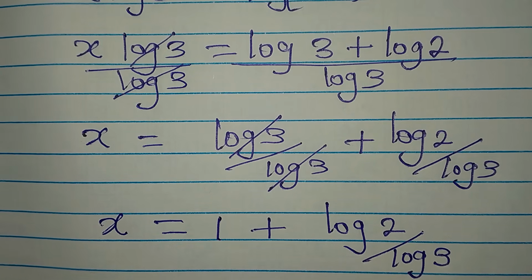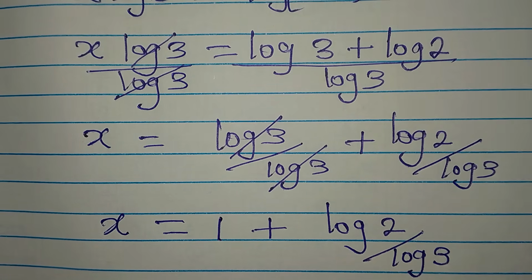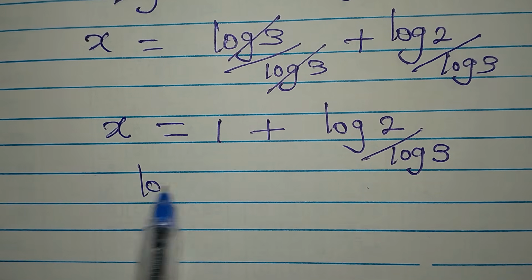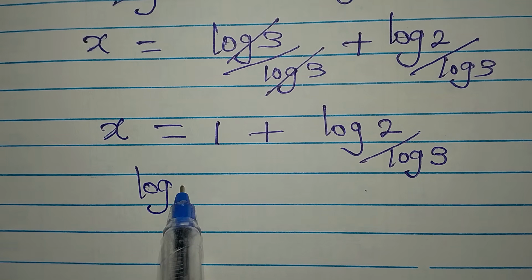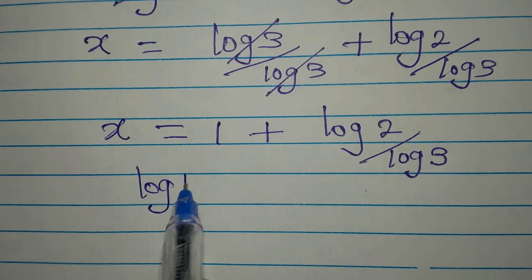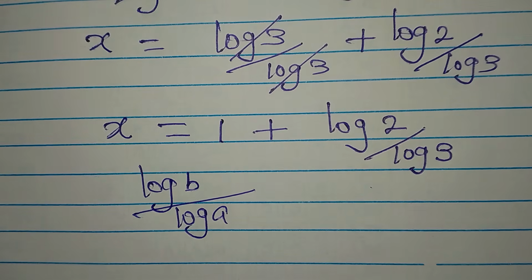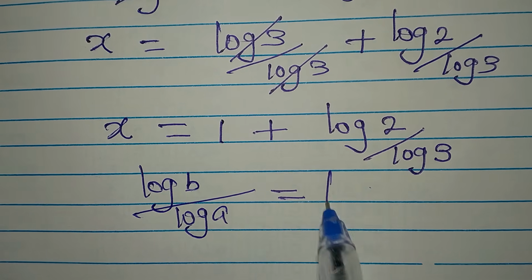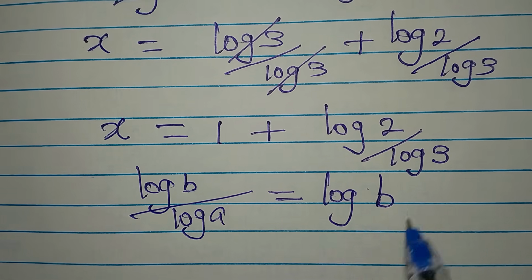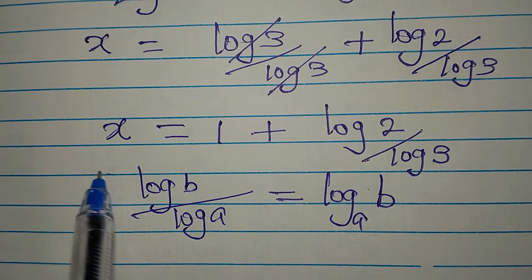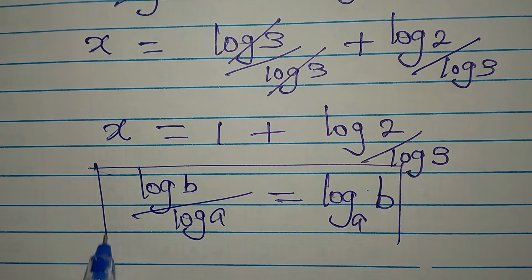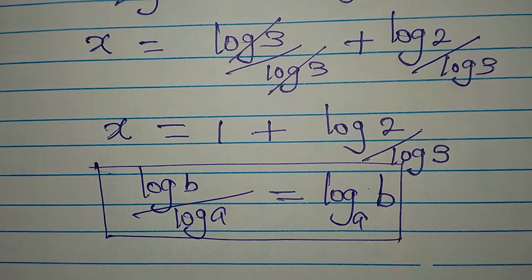And do you also know that log b over log a is the same thing as log b to base a? Do you know that this works? This is called change of base.